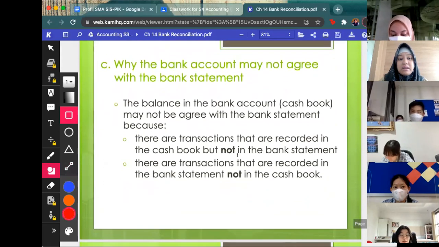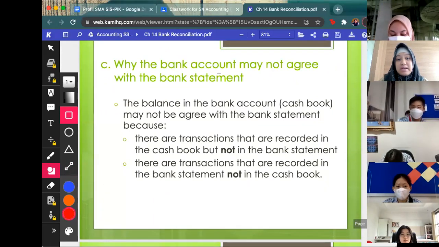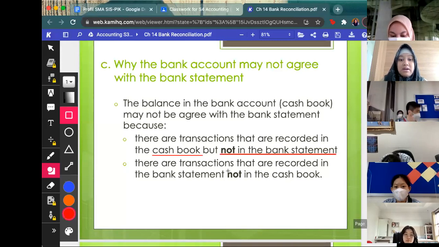Okay, now, next: why the bank account may not agree with the bank statement. How could your cash book and bank statement not be the same? Because there are transactions that are recorded in the cash book but not yet recorded in the bank statement, or vice versa, transactions recorded in the bank statement but not yet recorded in the cash book.